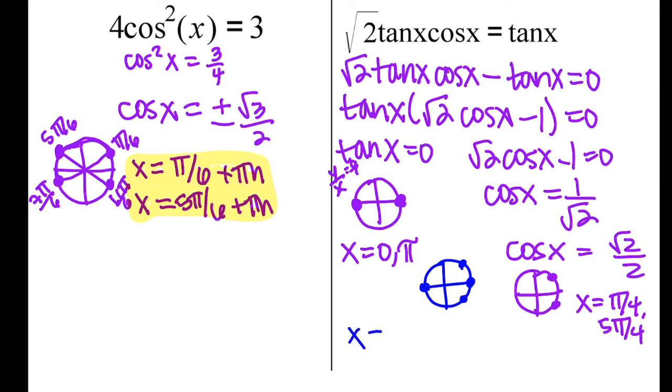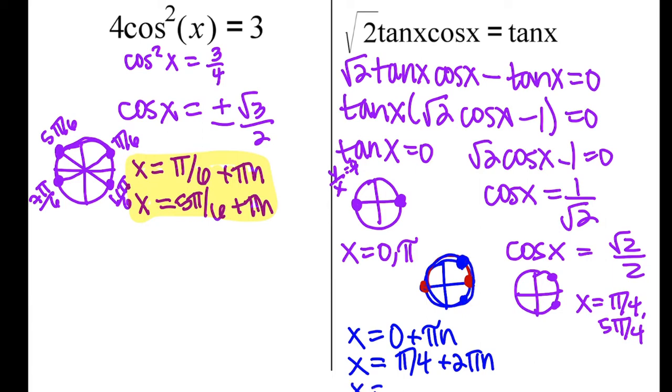So we're going to have x equals 0 plus pi n. That will get me this and this. And then I'll have to do x equals pi over 4 plus 2 pi n. So I got to come all the way back around the whole circle, and 7 pi over 4 plus 2 pi n, which means I wrote the wrong thing here.